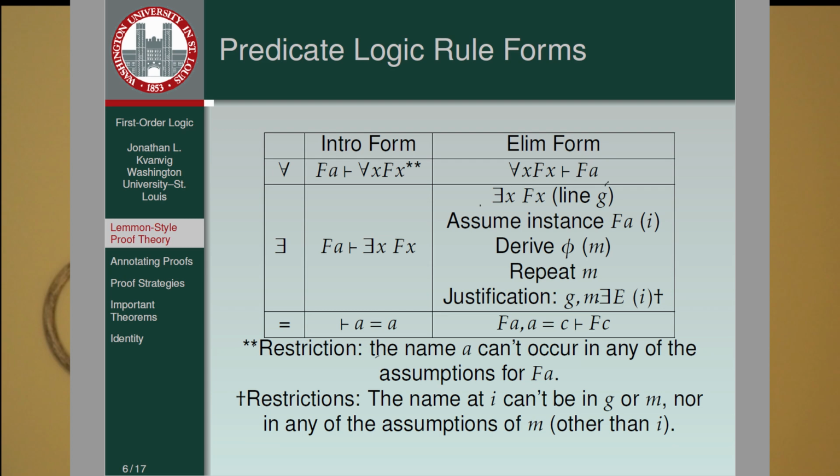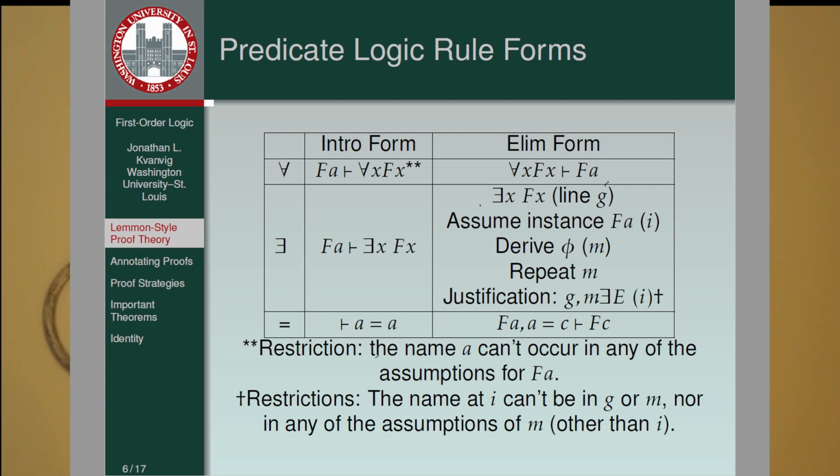I will describe quickly the identity rules that we'll use because we are at some point going to introduce identity into our formal system. This turns out to be an important additional element in the system. I'll describe why later on, but for right now, identity introduction just allows you to insert A equals A at any point you want in a proof and just cite identity introduction. A equals A is a theorem of standard first-order predicate logic.